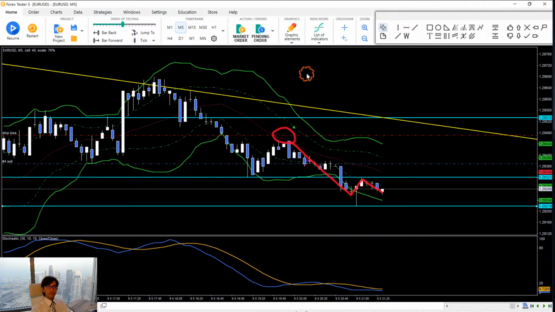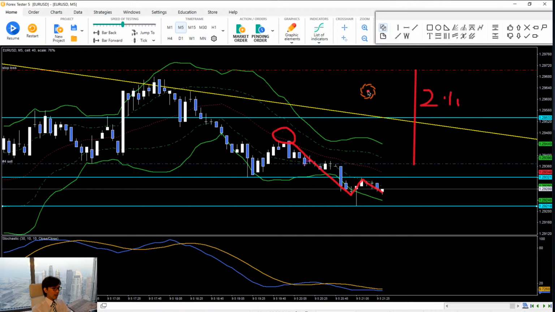So speaking of risk management, initially with my 30 to 33 pips of stop loss, I take 2% risk per trade. So this is going to be 2% of my whole account. If you are trading with 10,000 USD, then 2% will be $200. So if the market reverses backwards from here, then you lose 2% of your account.